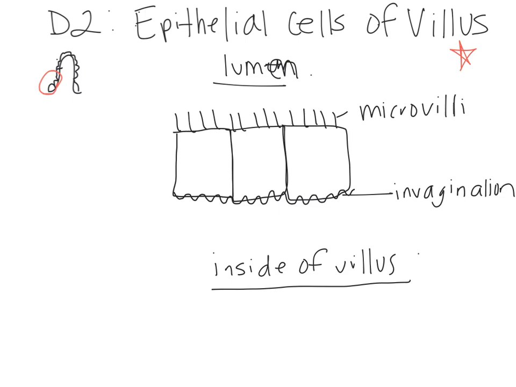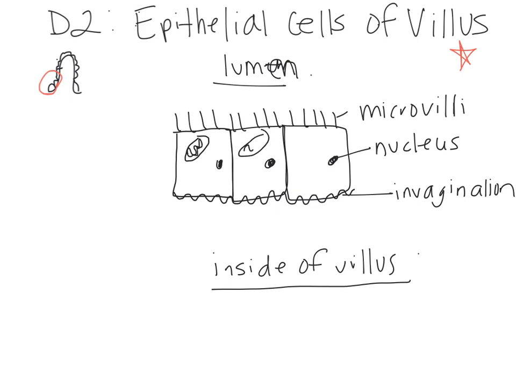Obviously, these epithelial cells are eukaryotic, so they're all going to include a nucleus, although that's generally not a required part of these drawings. It's just kind of good to know. A very important feature of these epithelial cells, as I mentioned in the last video, are mitochondria.